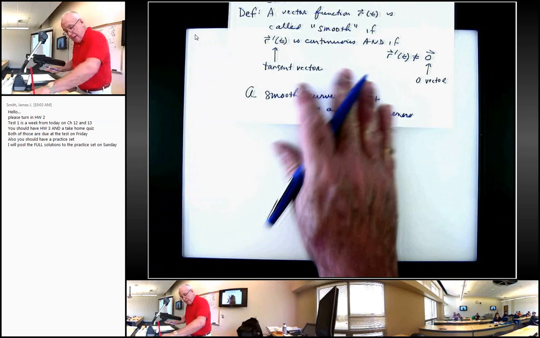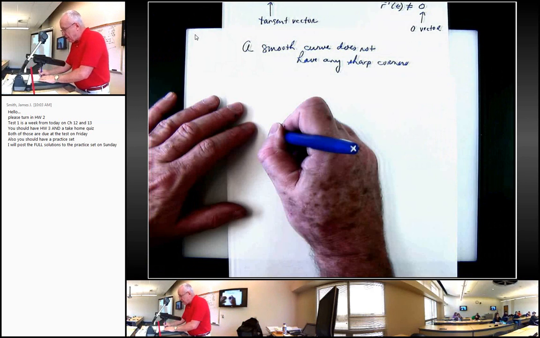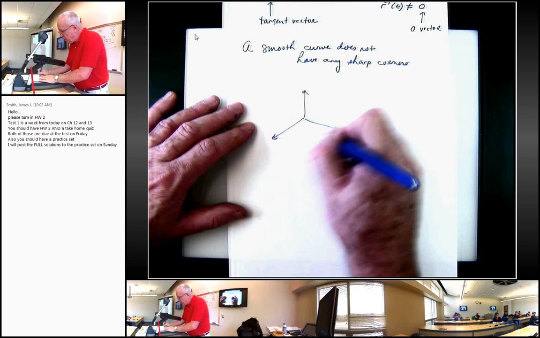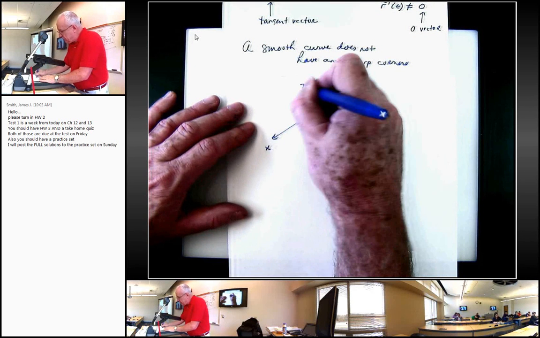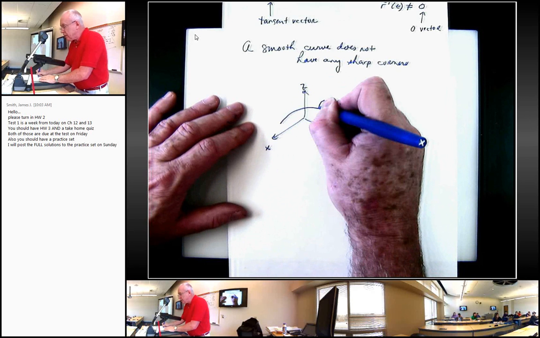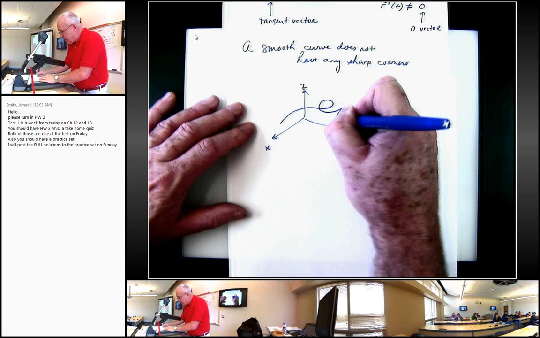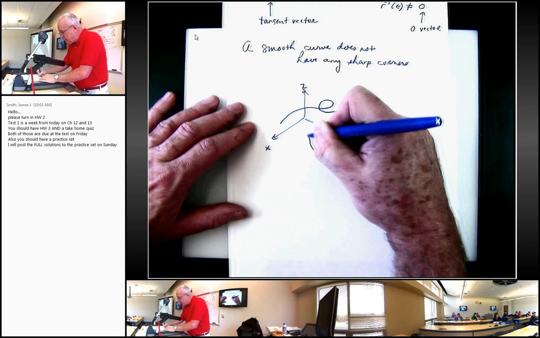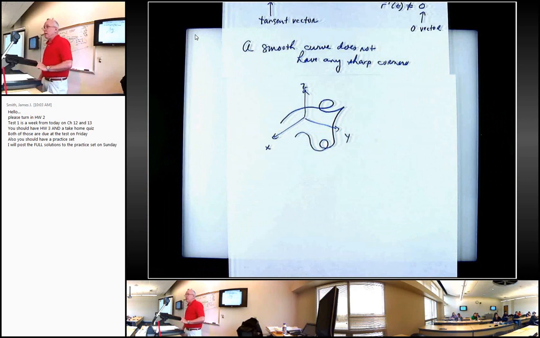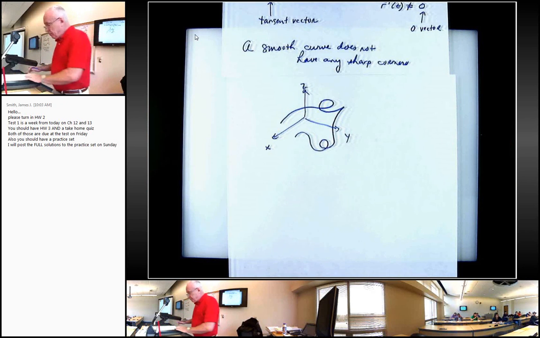By sharp corners, we're talking about, say, a space curve in x, y, and z moving along very nicely, and then all of a sudden, whoop, right here, it goes like that, and then down, and then keeps doing its thing. That would be a sharp corner, so we don't have that if the curve is smooth.